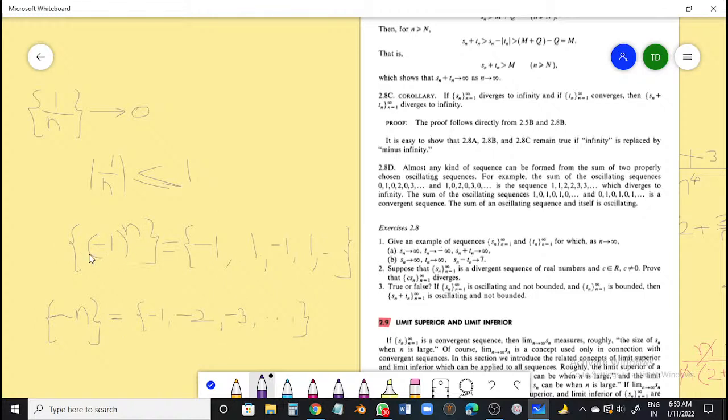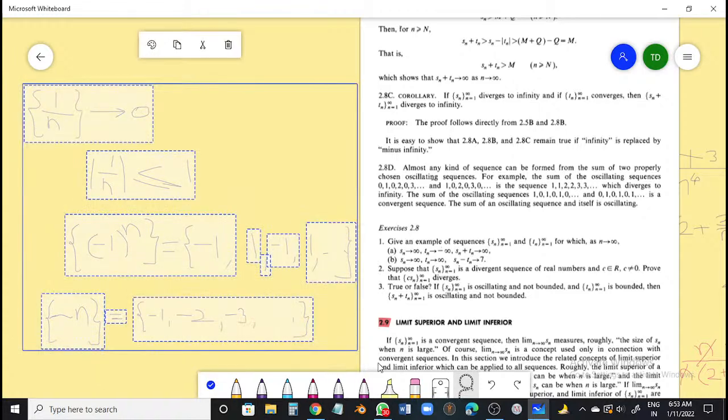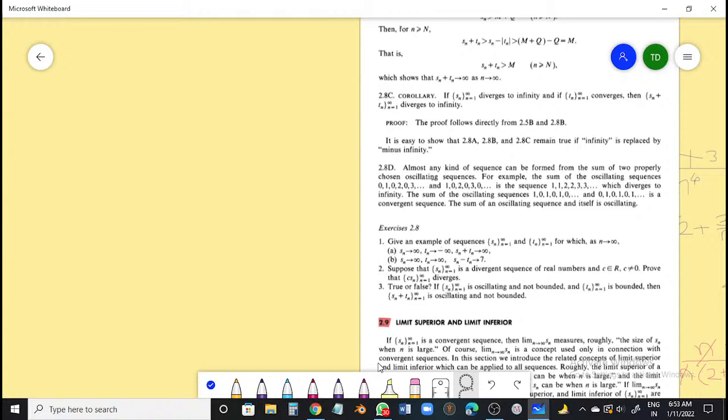In the earlier example, the absolute value is only 1, so that sequence is a bounded sequence. Alright. Going back, we were talking about a sequence that diverges to infinity and another sequence that is bounded. In that case, what is going to happen? Let us see.